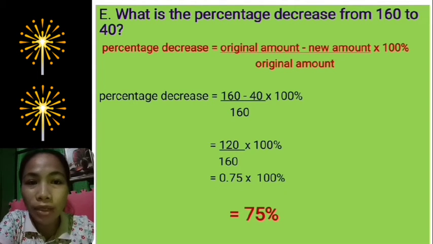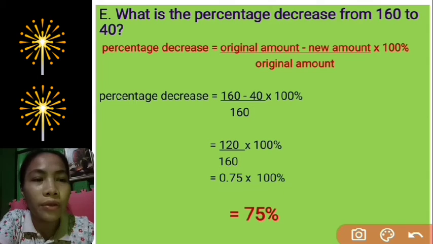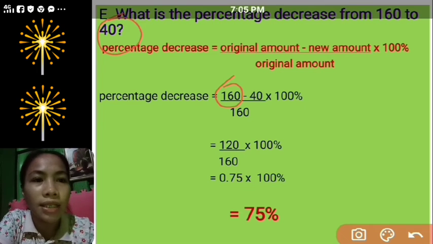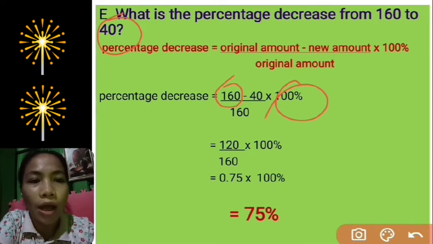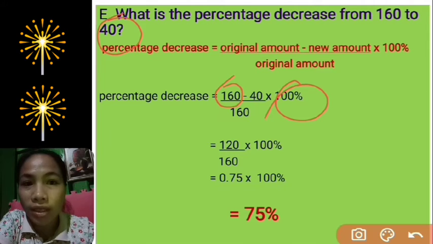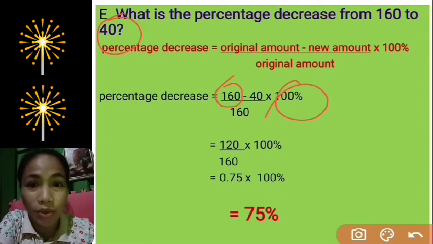The original amount is 160 and the new amount is 40, times 100 over 160, the original amount. So 120 divided by 160 is equal to 0.75, times 100% is equal to 75%.